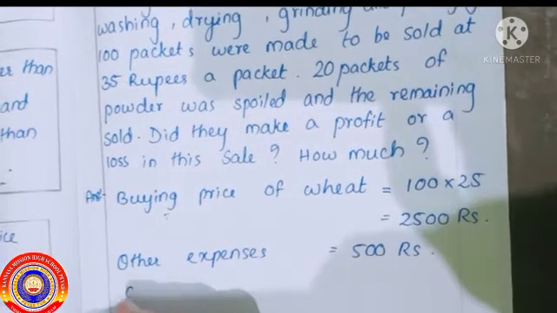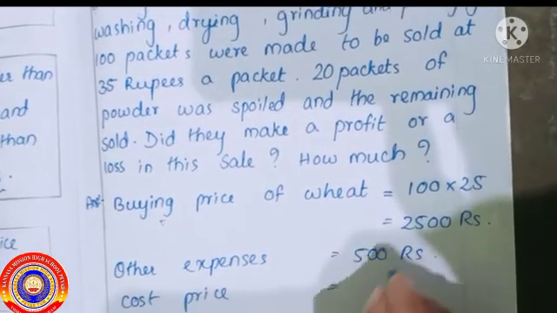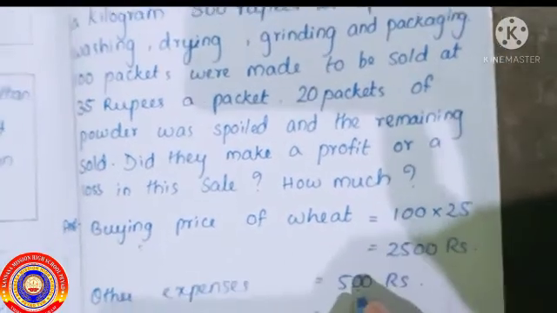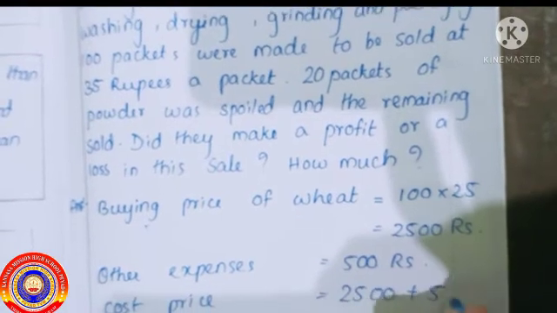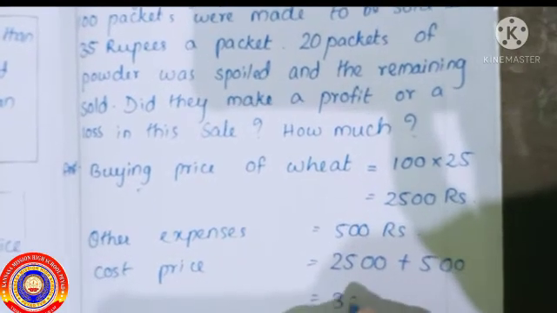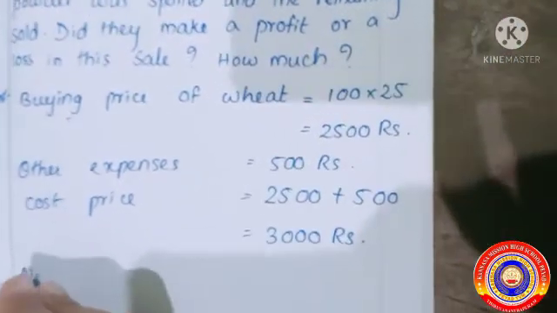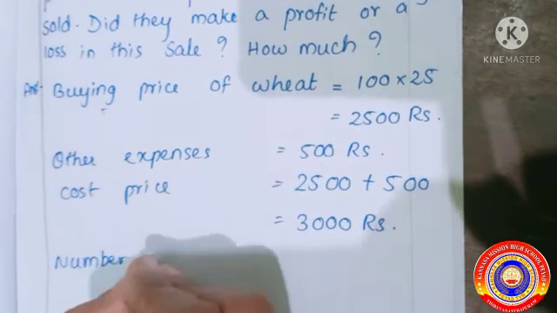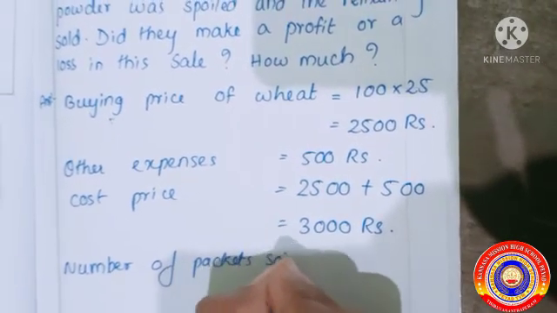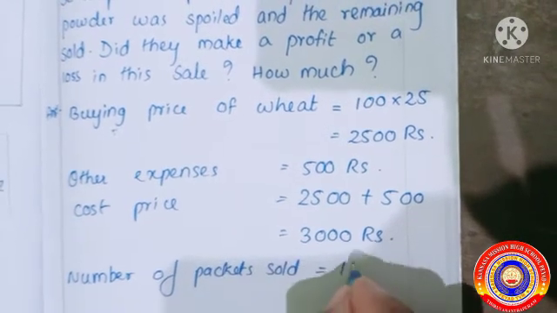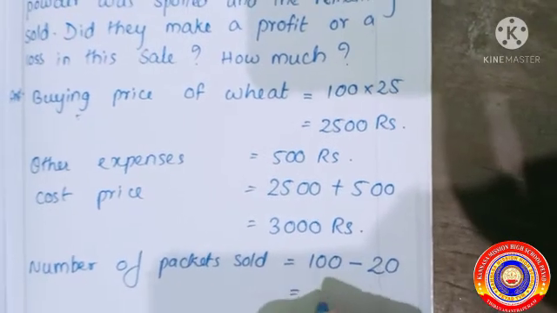So the cost price of this wheat is equal to 2500 plus 500, which is equal to 3000 rupees. Here in this question it is given that 20 packets were spoiled. So the number of packets sold is equal to 100 minus 20, that is equal to 80 packets.